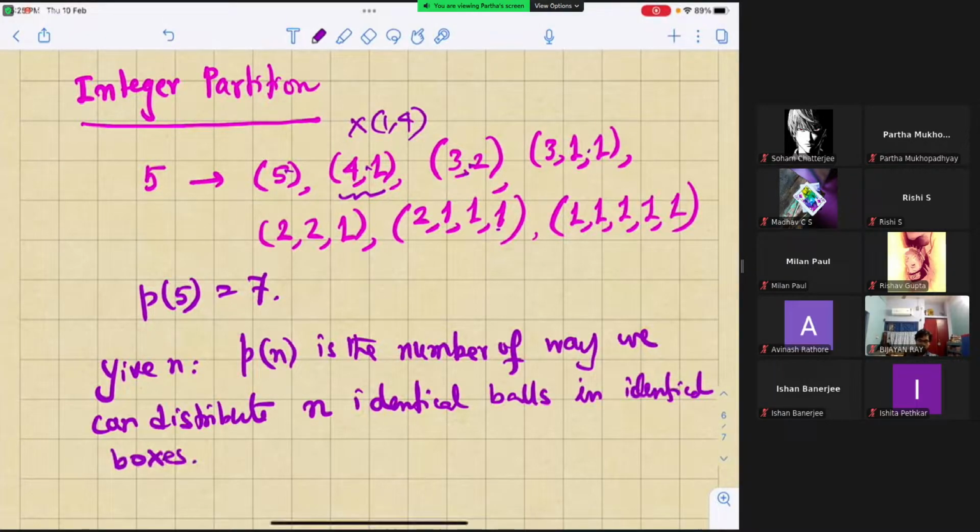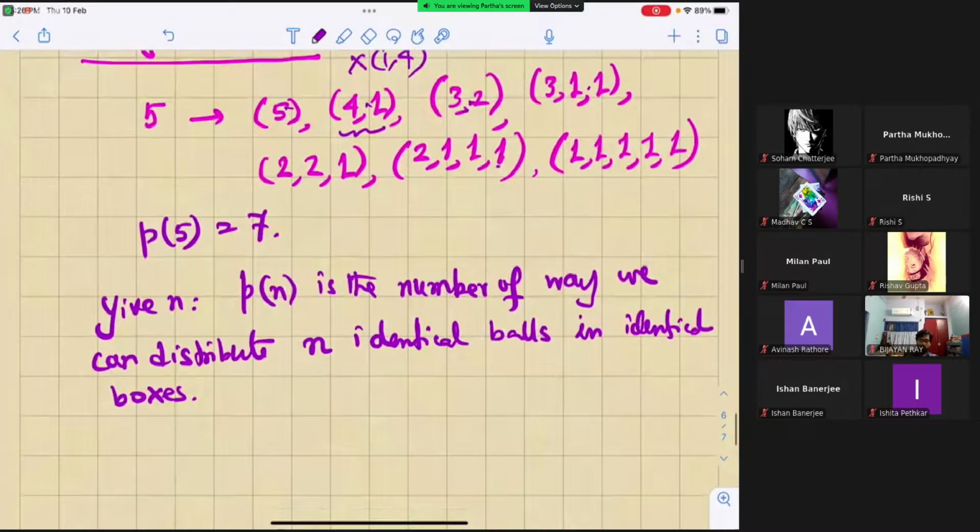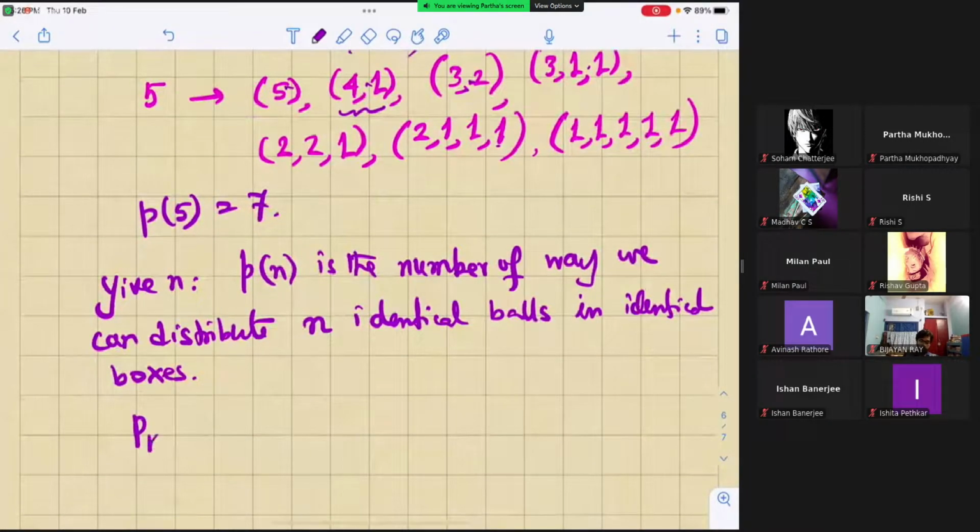There is no bound on the number of boxes. Obviously, it cannot be more than n. In particular, sometimes people can ask Pk(n). Pk means the same problem where the number of boxes is limited to k.